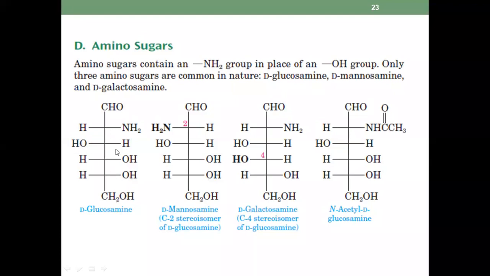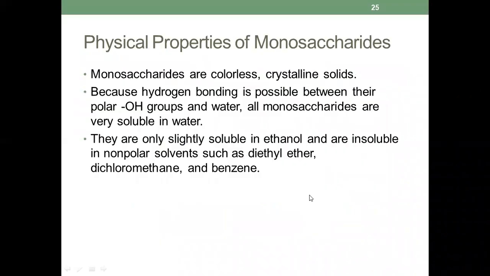So 1, 2, 3, 4 chiral centers for the glucose. But if one of the OH groups on this side is altered to an amine group, you have here glucosamine, galactosamine. So that ends the discussion from last time.